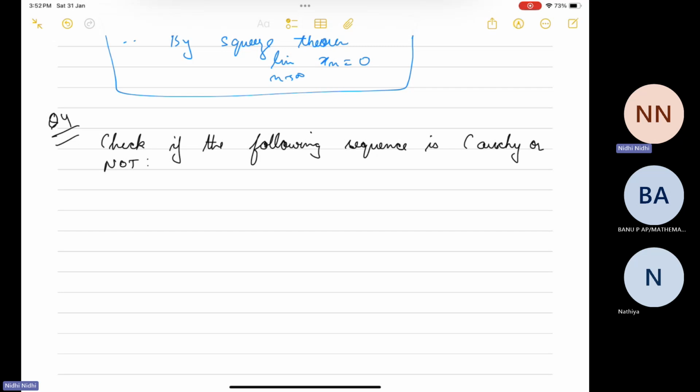And the sequence is an equal to summation k from 1 to n of 1 by k factorial. So basically each term is just 1 by 1, 1 by 2 factorial, 1 by 3 factorial, and so on up to 1 by n factorial. We need to see whether this sequence is Cauchy or not.